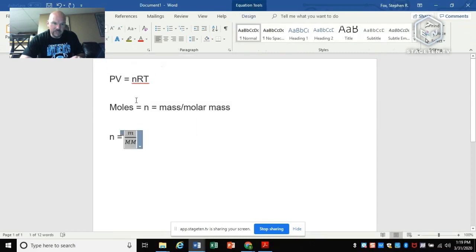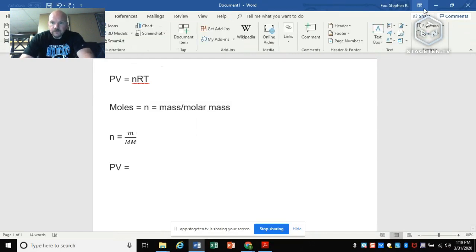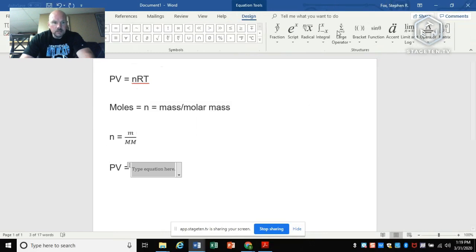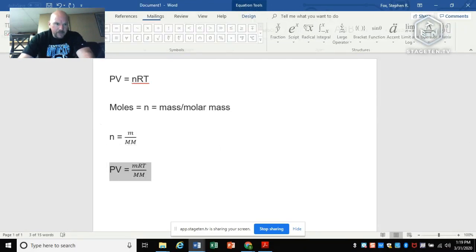Those two are equal, so just substitute m divided by molar mass in for moles in the ideal gas law. So then you get PV equals mRT divided by molar mass, right? So that's another way to think of the ideal gas law, right?